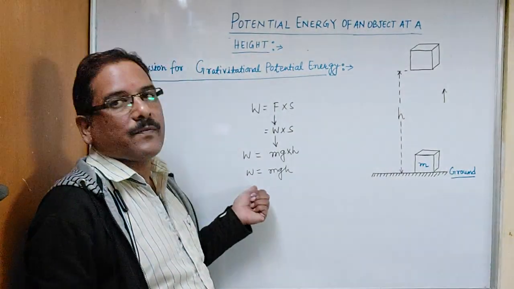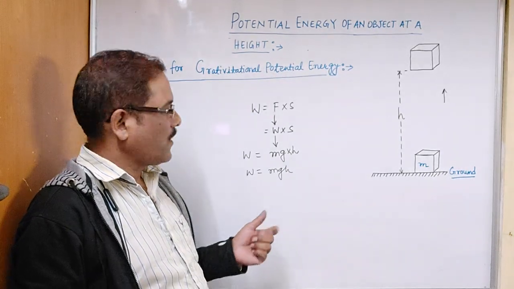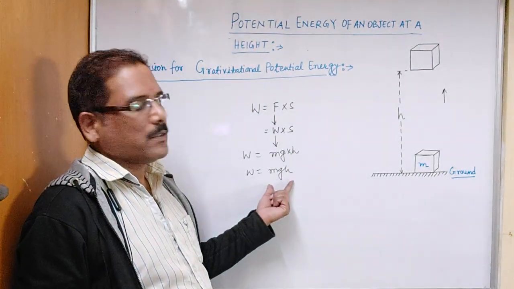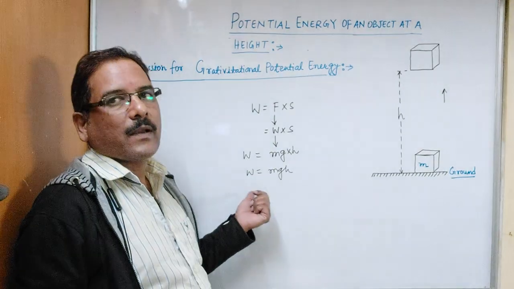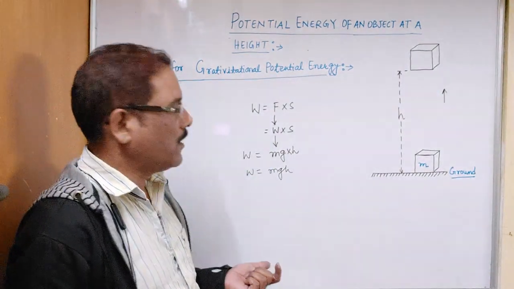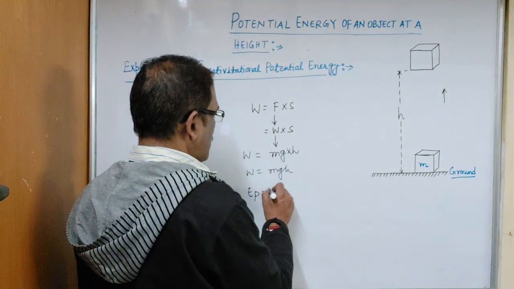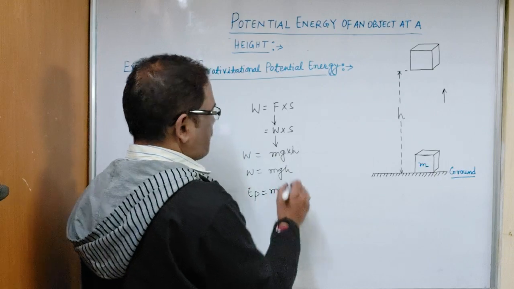Due to this work done, it acquires energy of mgh units. So this work done is equal to the potential energy of the object. We will write that EP is equal to mgh.